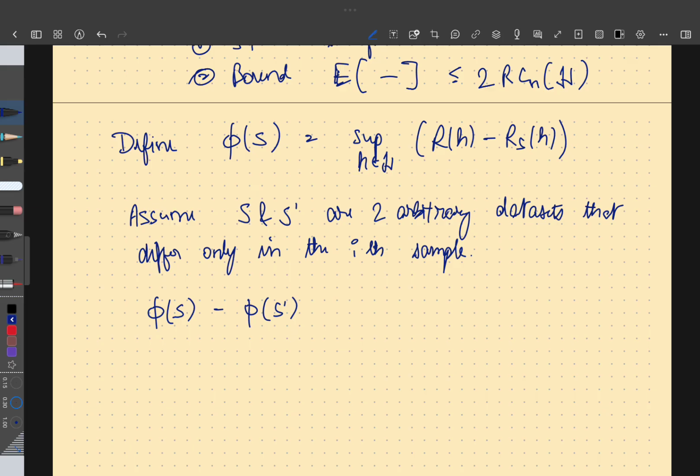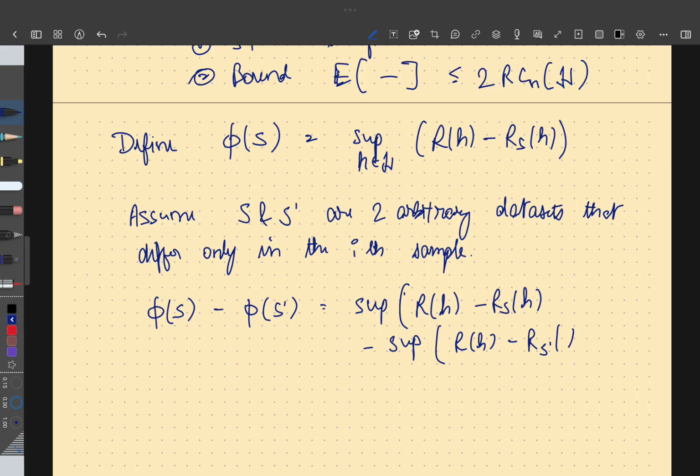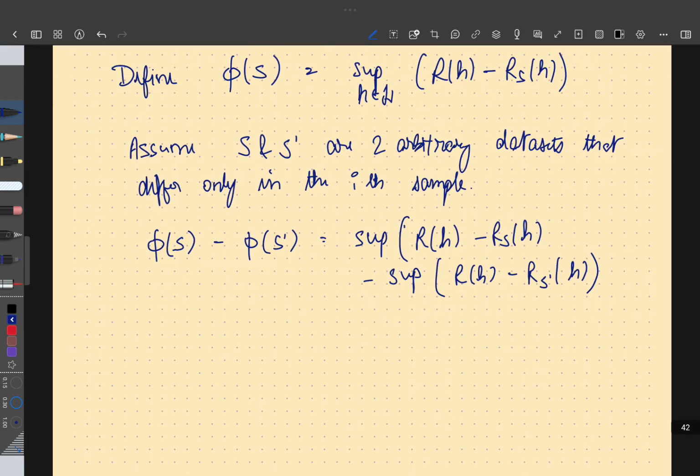So phi of S minus phi of S prime is basically the supremum of R of H minus Rs of H, minus the supremum of R of H minus Rs prime of H. Now an upper bound is enough.